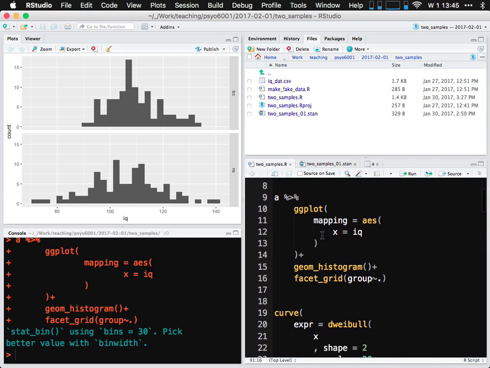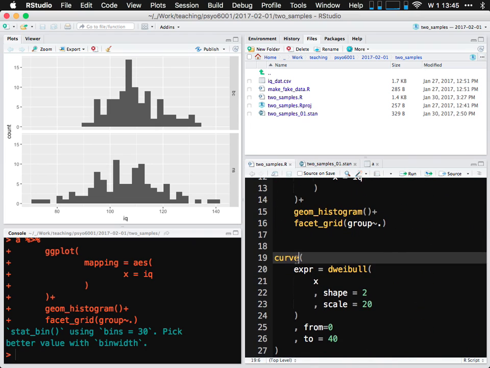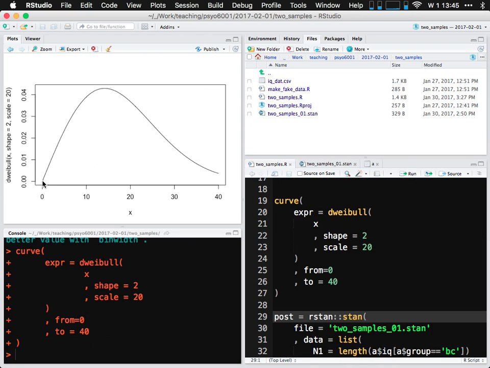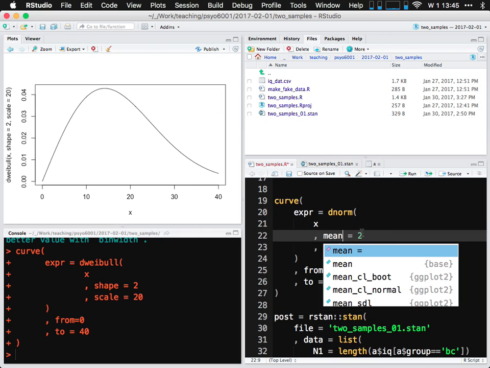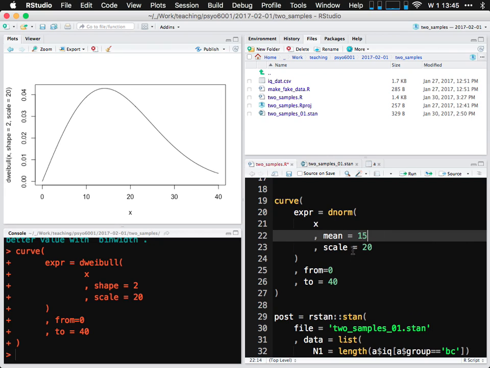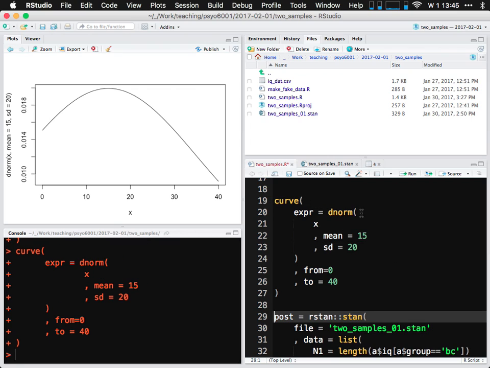So if I go up here to this curve thing, it starts at 0, 0 and comes up. If we'd had a dnorm with a mean of 15 and an SD of 20 maybe, it starts really high there. And we literally don't believe a 0. So Weibull is nice.